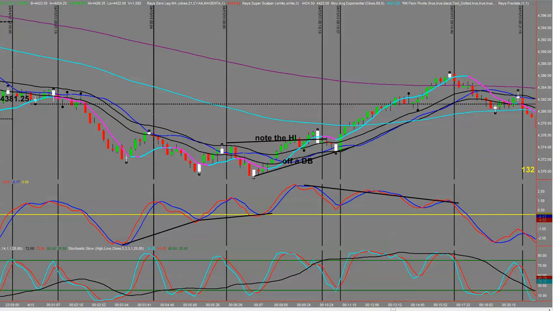But I love using the Andrews pitchfork as an example, and I'll draw in channels and trend lines, but it's a guide generally speaking, because I trade lower time frames and I'm into scalps between 11 and 13 ticks generally speaking.